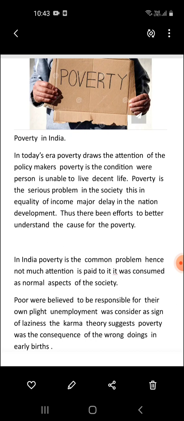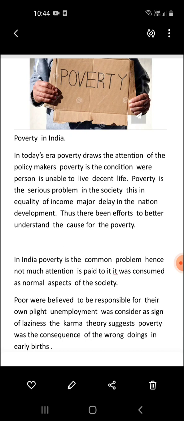Unemployment was considered a sign of laziness. According to the karma theory, poverty was the consequence of wrongdoings or sins committed in the previous birth. The people who are living in poverty often believe in the karma theory, which states that poverty is the result of this.